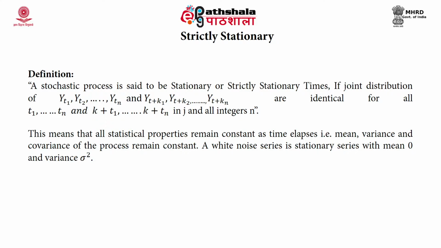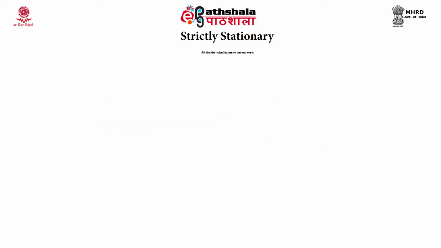This means that all statistical properties remain constant as time elapses, that is, mean, variance and covariance of the process remain constant. A white noise series is a stationary series with mean 0 and variance sigma square.